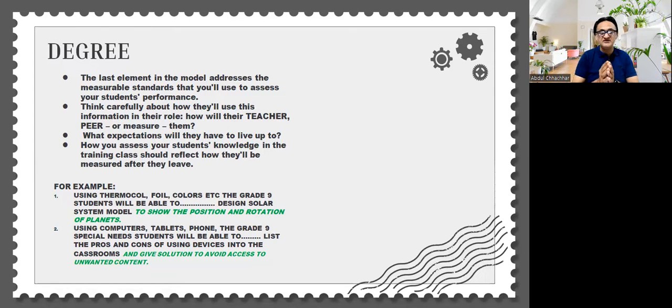Okay, so again, these four elements have been embedded into the learning objectives. So when you design learning objectives, your focus should be whom you are going to teach, and what you are going to teach should be specific. Okay, provide them resources.